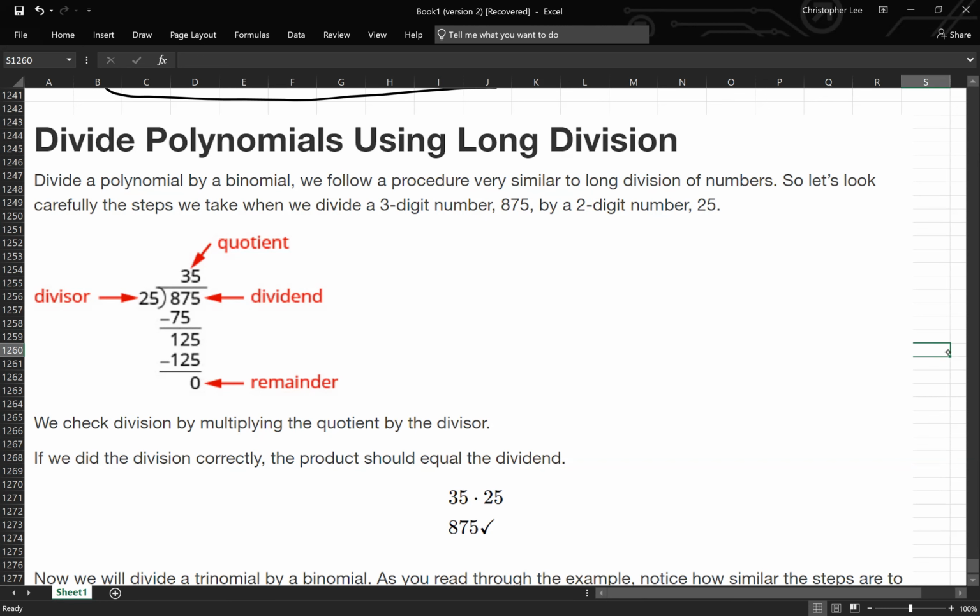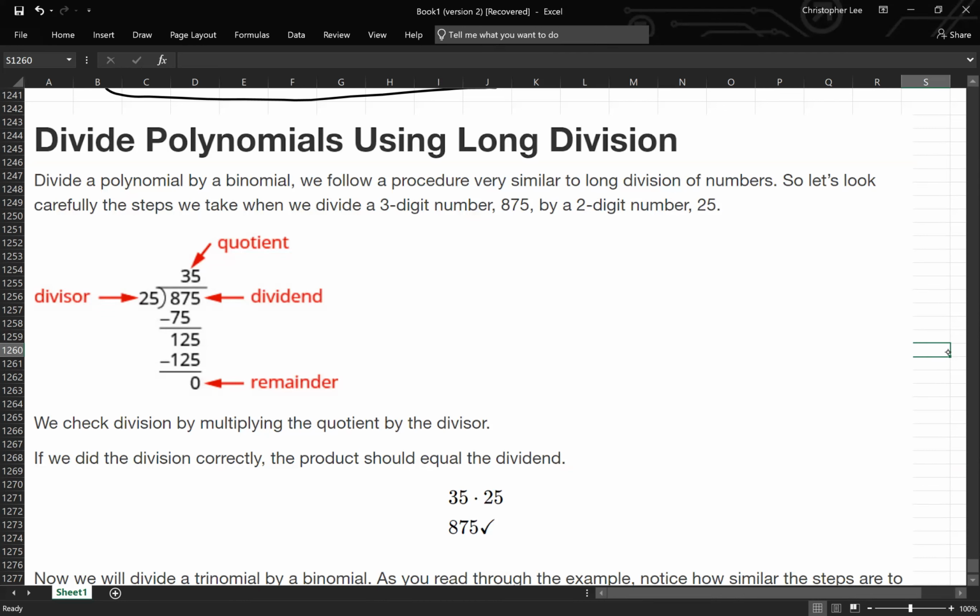Then we do 3 times 25, which is 75, right? And we subtract: 87 minus 75 is 12. Bring down that 5. Now we have 125. And 25 goes into 125 5 times, and 5 times 25 is 125. Subtract that, that's 0 as your remainder.